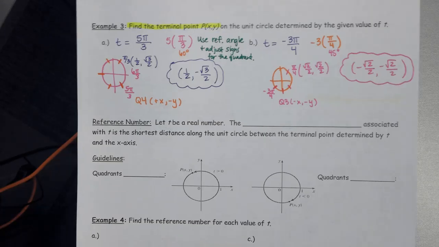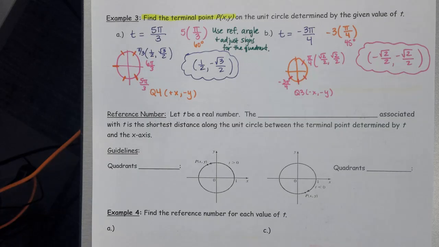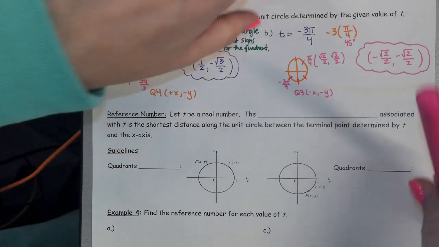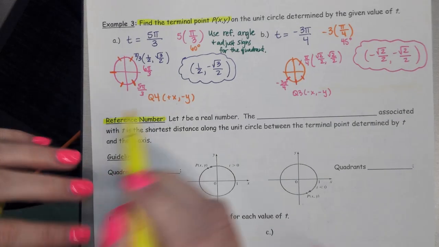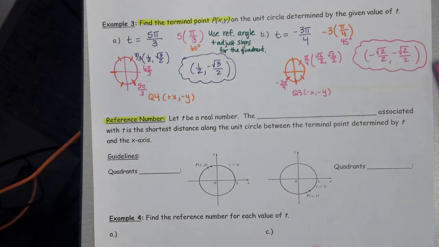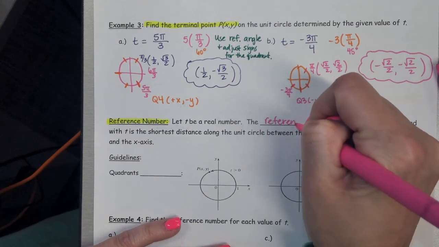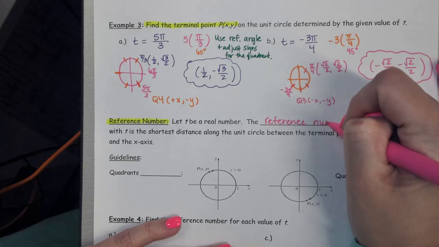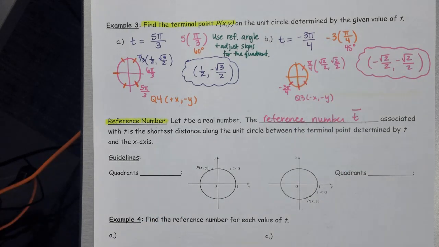All right, then we're going to talk about the reference number. Okay, and the reference number says let t be a real number. Okay, and then the reference number has a special notation here.